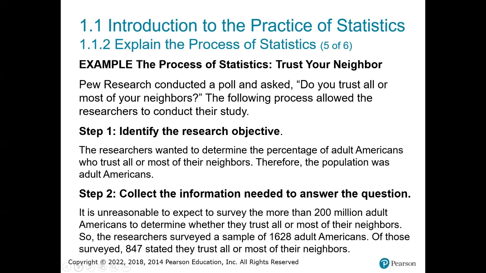Okay, so their sample was 1,628 adult Americans from the population of all adult Americans in the United States here. And they found that 847 trusted their neighbors. So what can we get from that?